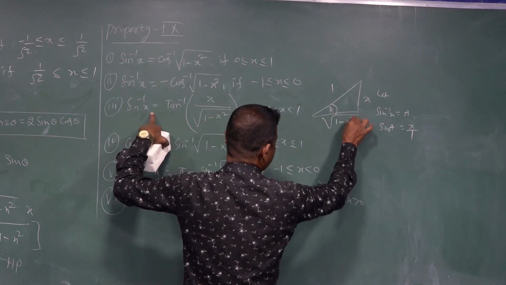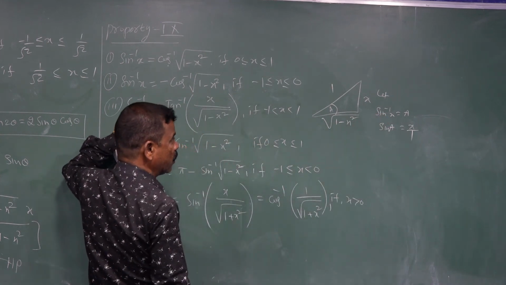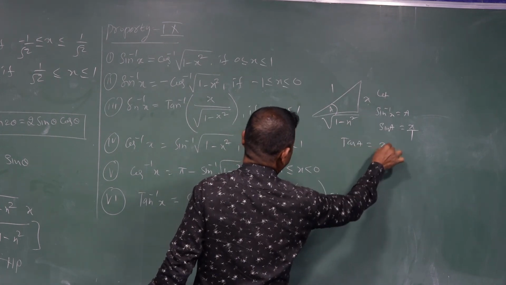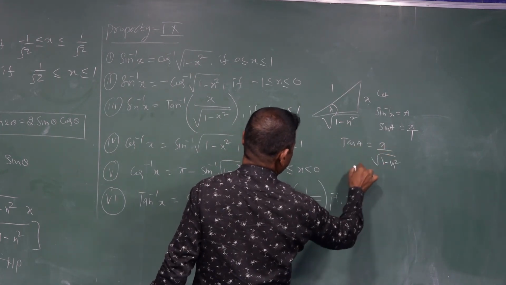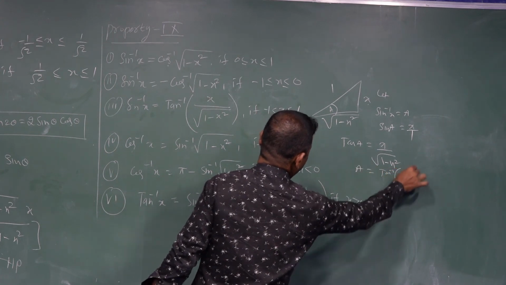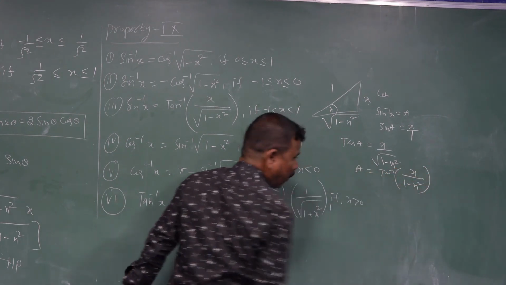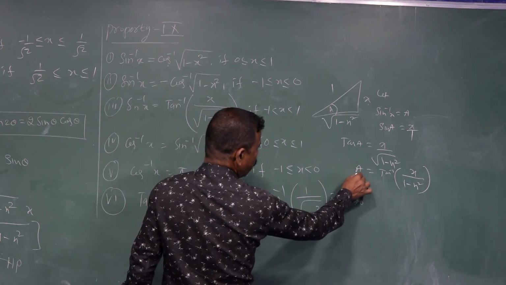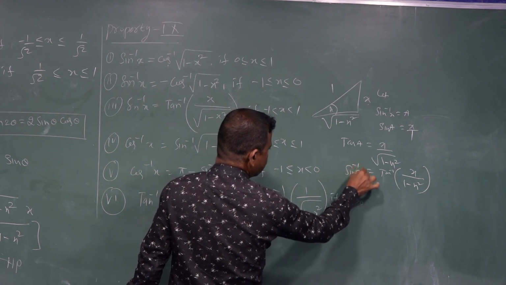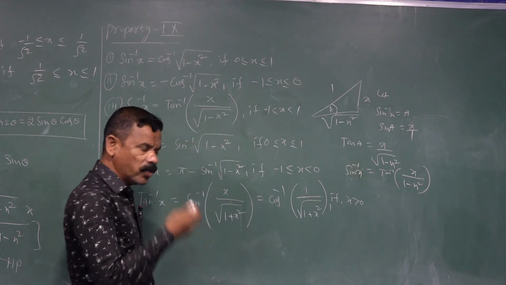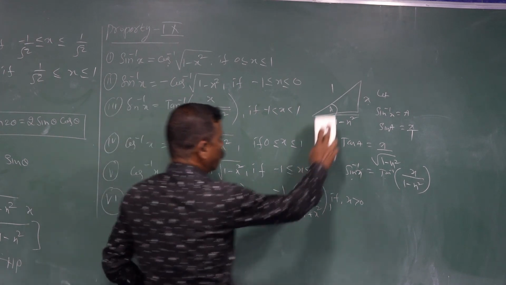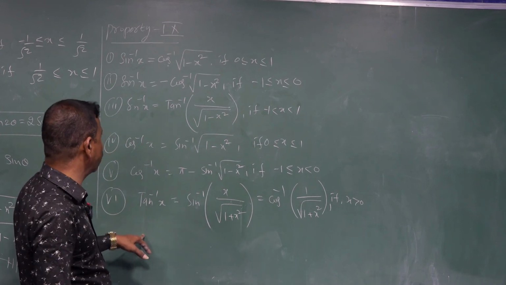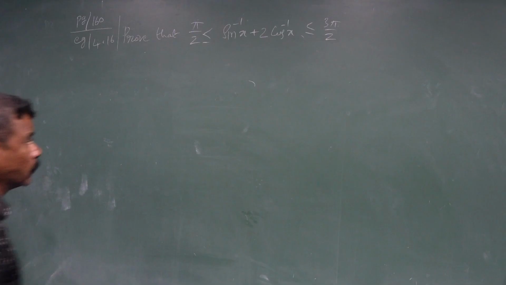This is under root of 1 minus x square according to Pythagoras theorem. Then what is tan A? tan A is equal to x by under root of 1 minus x square. Then A is equal to tan inverse of x by under root of 1 minus x square. Whereas A is the sin inverse x. So sin inverse x in terms of tan inverse is x by under root of 1 minus x square. So all are taken from the triangle, we can prove this also. So no need of proof for this, you remember this formula.